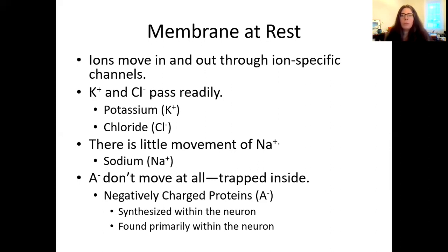They're found primarily within the neuron, and they're trapped inside of the cell, which again helps keep the polarization for the resting potential. Okay. Again, we are going to focus primarily on potassium and sodium, and it's important to know that the gate for sodium is closed, and for potassium, there's a little bit of space to allow potassium to flow.